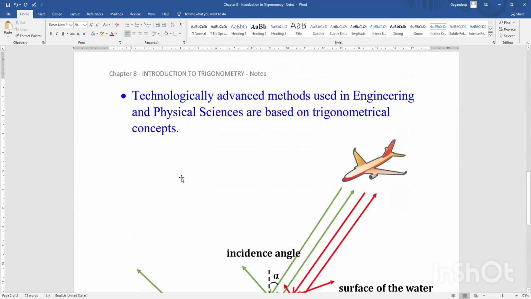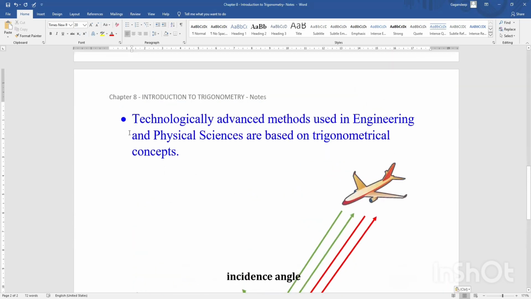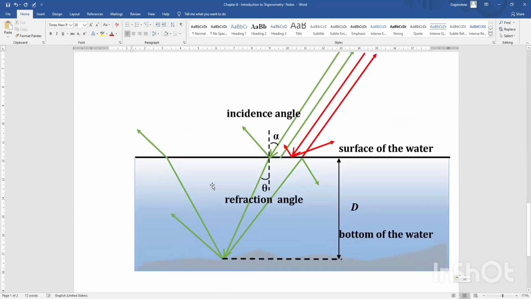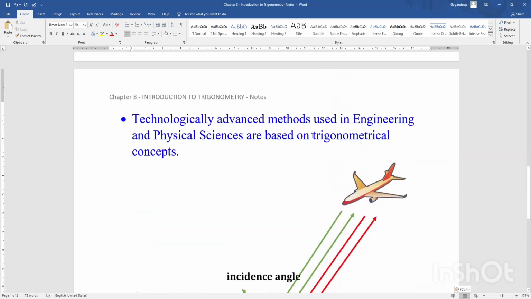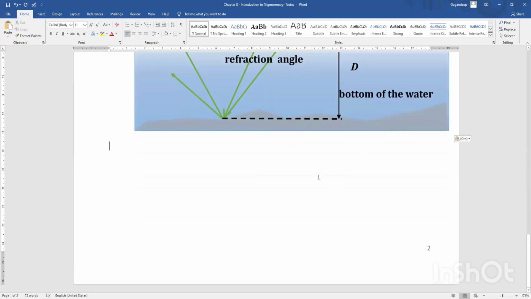This comes in physics, where we use the knowledge of trigonometry. We come across the refractive index, sin i by sin r, so there you are going to use trigonometry.